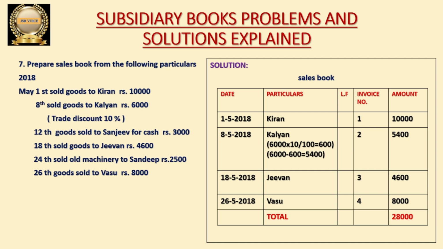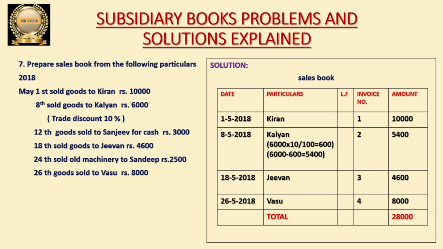Sold goods, it is not an asset, sold goods only, one condition satisfied. To Kalyan, name is given, second condition also satisfied. And next, cash is not given, so it is not cash sales, it is credit sales only, so we can write it.